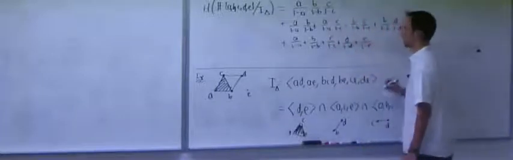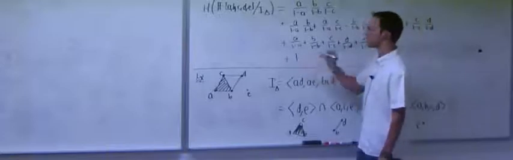So B over 1 minus B, C over 1 minus C, B over 1 minus B, D over 1 minus D, C over 1 minus C, D over 1 minus D. Okay. Those are the two-dimensional faces. Can you do it for the one-dimensional faces? And then you do it for the zero-dimensional face, which just gives you a 1.